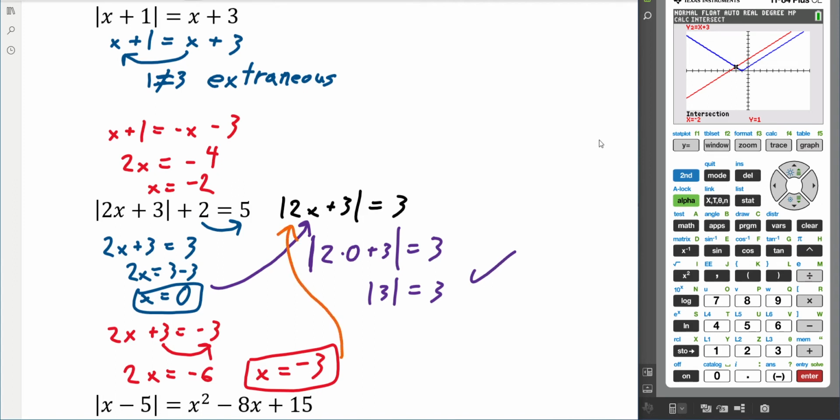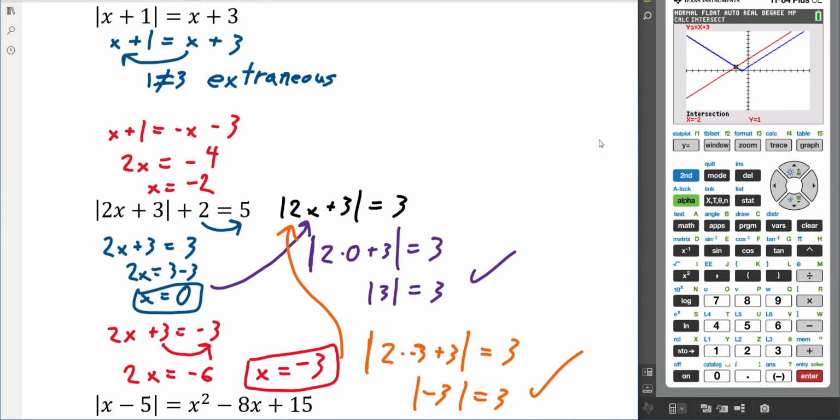Okay, now let's try plugging the other one in, the red option. So that would be 2 times negative 3 plus 3 equals 3. So that would be negative 3 equals 3, and yes, that works.